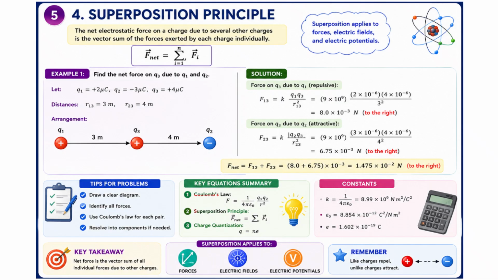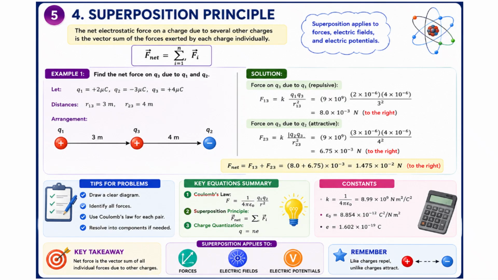For instance, we mentioned that the law is valid when charges are point charges, that charges remain stationary, that the medium must be homogeneous or isotropic, and that the separation distance is much larger than the size of the charges. So these are some of the conditions.